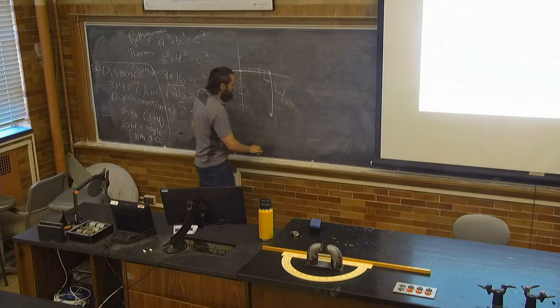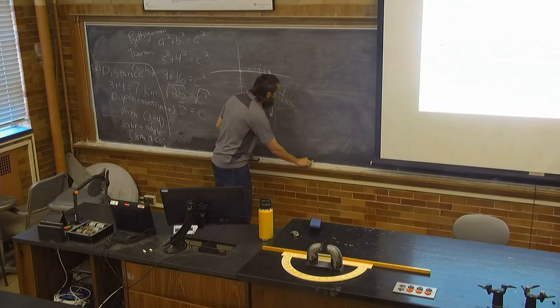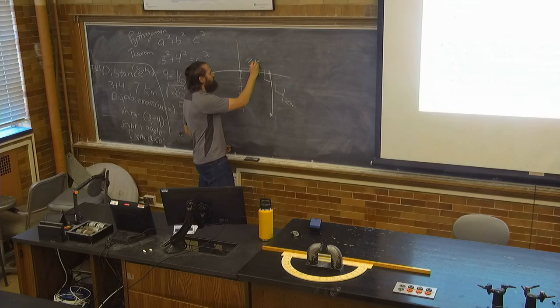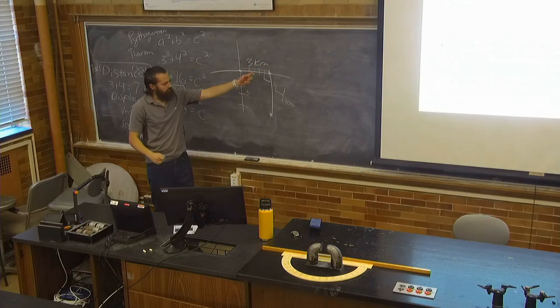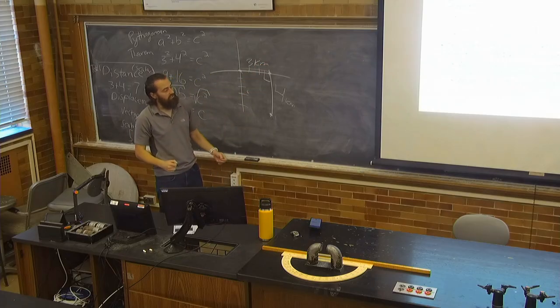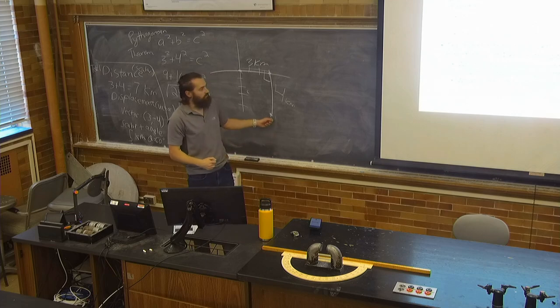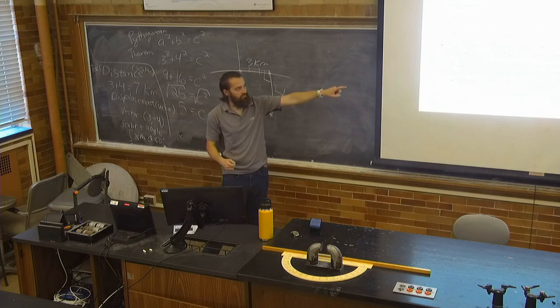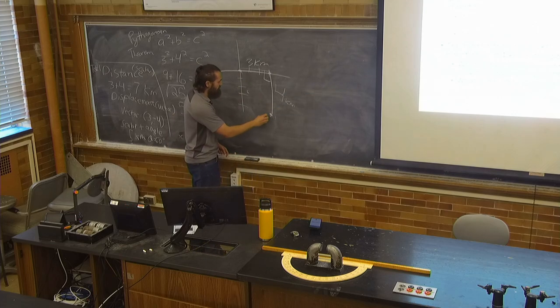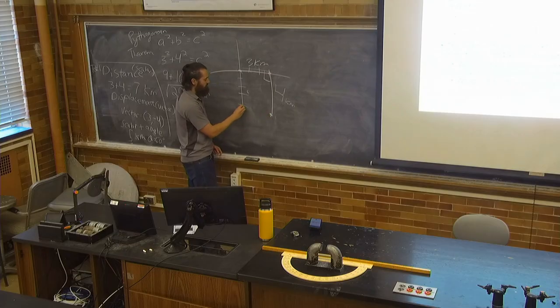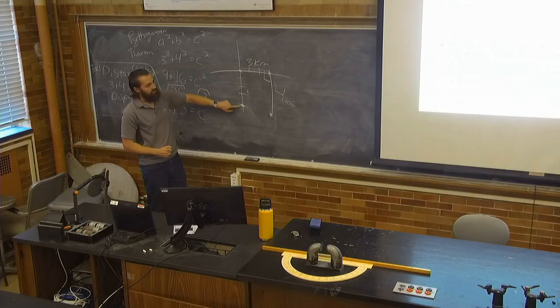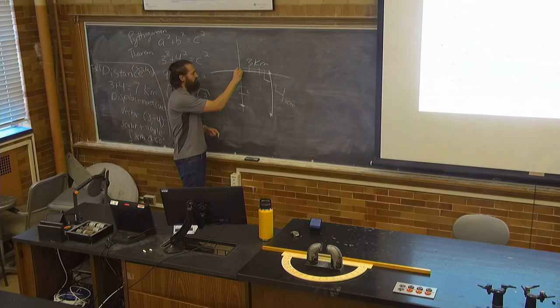So the second part of the problem starts after the first part. So the runner has already run 3 kilometers to the right and 4 kilometers down. From that point, the runner now runs 3 kilometers in the negative x direction. So 1, 2, 3 to get back to this axis. And then they run 4 kilometers in the positive y direction, so they end up back where they started.